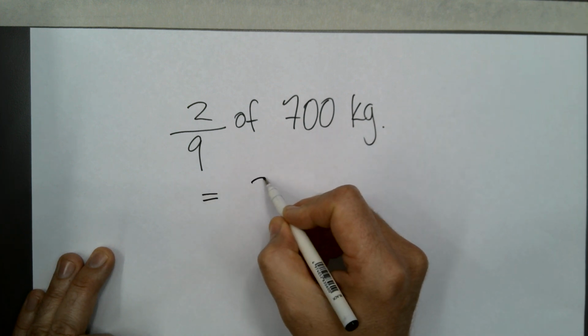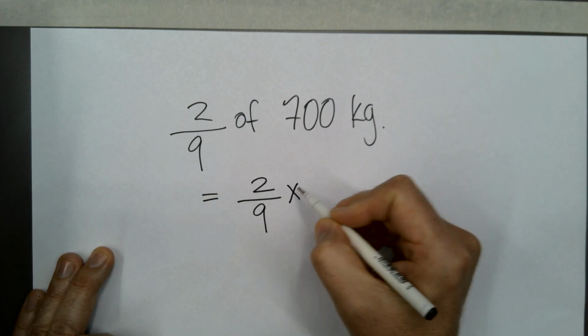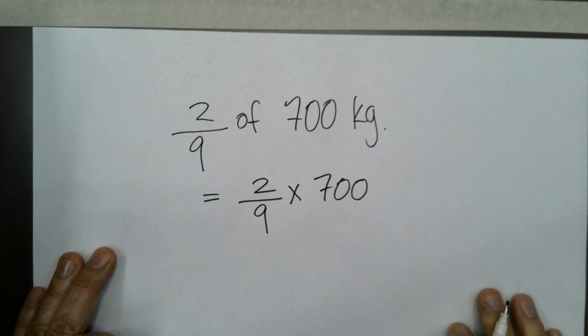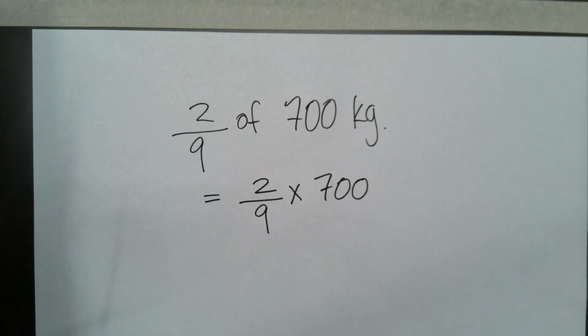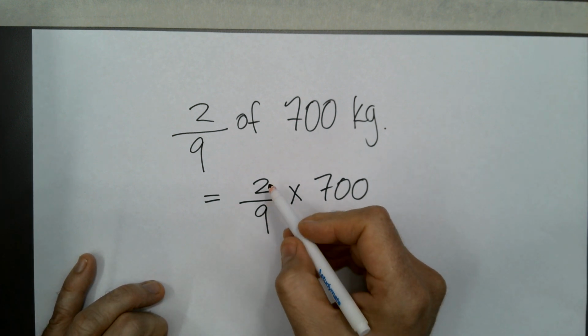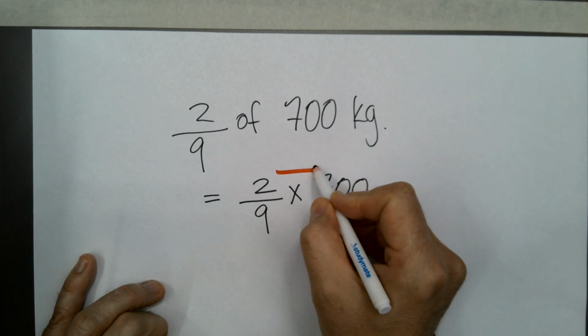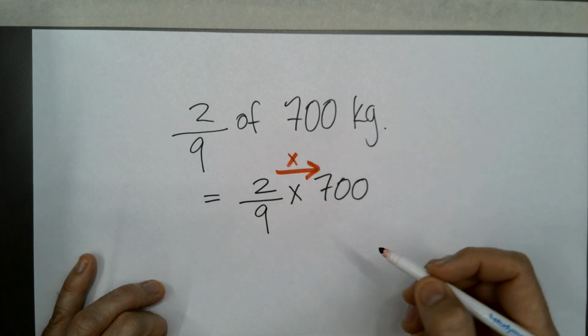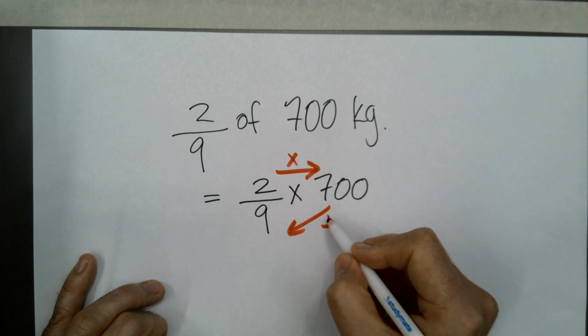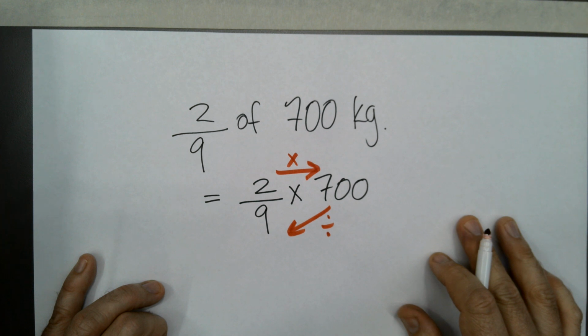So that basically becomes 2/9 times 700. Now, people freak out. They go, oh, what do I do first? This is what you do. Notice it's like a triangle shape. So you do the multiply first, and then you divide. Done.